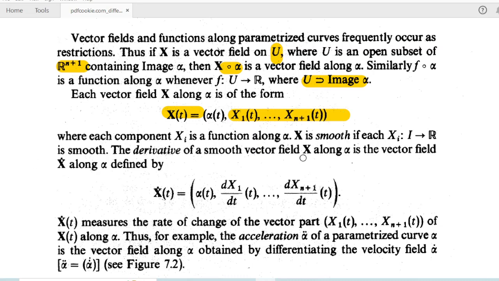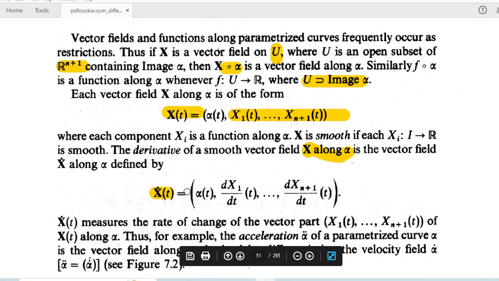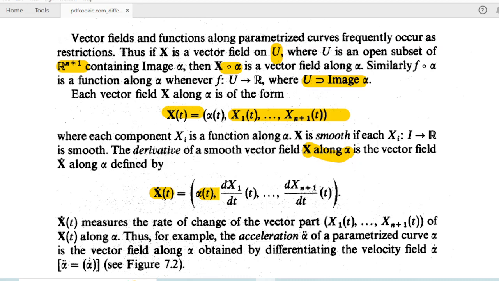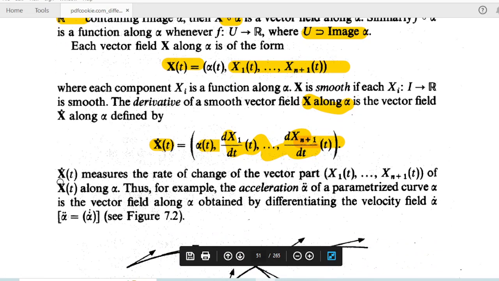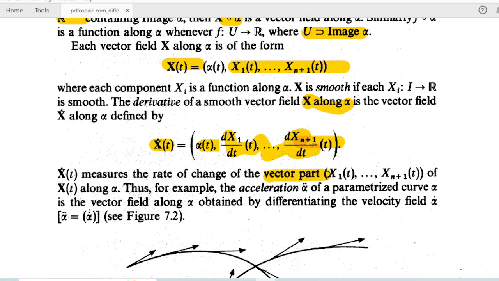The derivative of a smooth vector field x bar along alpha is a vector field x dot along alpha, defined as follows. x bar of t is equal to alpha of t, x1 of t, x2 of t, up to xn+1 of t. Then x bar dot of t is alpha of t comma the derivatives, that is dx1 by dt, dx2 by dt, up to dxn+1 by dt.